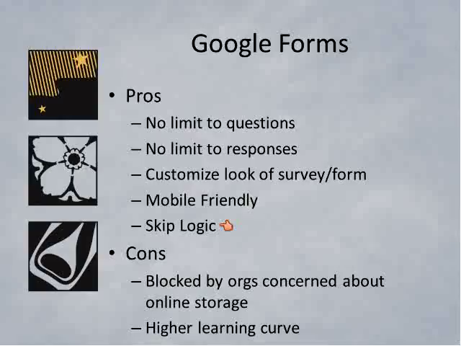State of Alaska is actually one of those organizations. I have access to Google Forms because I did an online storage waiver and then a waiver specifically for Google Forms on the grounds that tons and tons of libraries and museums were using Google Forms for their surveys, and we needed to be able to actually access them. I'm hoping it's not a lot of organizations that block forms in this way, but some do.